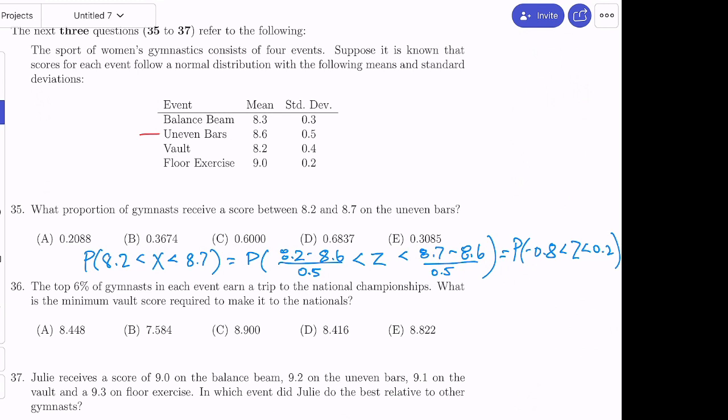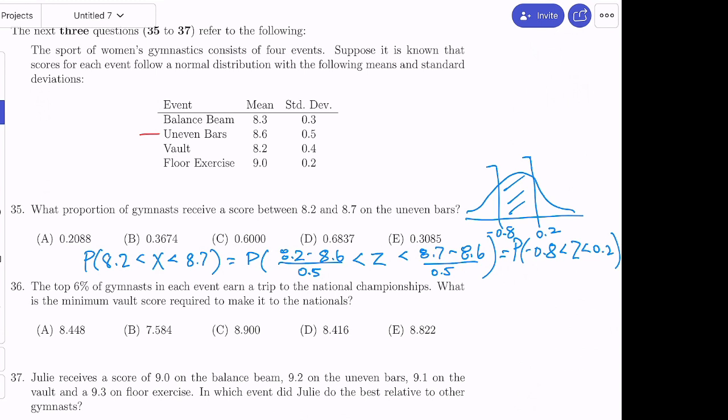And then I draw this. Now some of you are just going to go in the table, but I prefer that you draw this between negative 0.8 and 0.2, which would be closer to here. And I want this area in between.